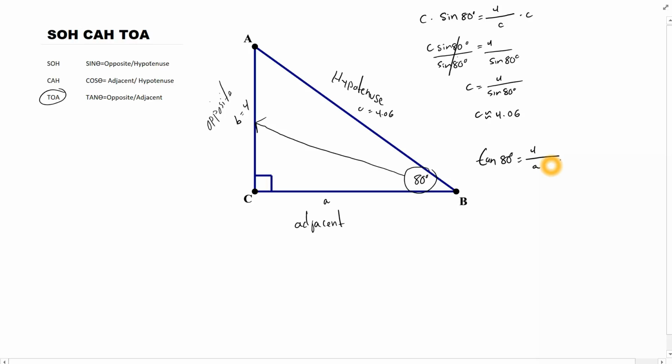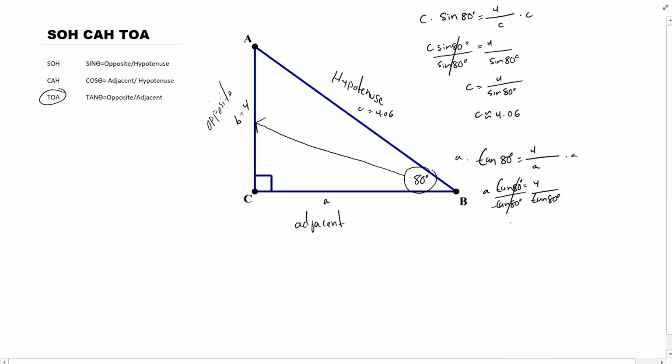So we do the same. We multiply by a. We multiply by a. Now we're gonna divide by tangent of 80 on both sides.